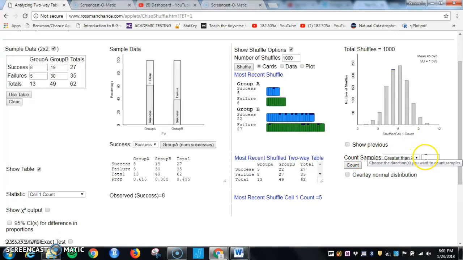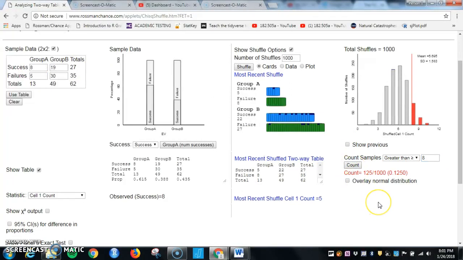And so what we want to do is look at the count samples. We are looking at what is the chance that it would actually have been greater than or equal to 8. So if we put in 8 and then do the count, you can see that in this case it says that it's approximately a 12.5% chance. And while 12.5 is not that large of a percentage, statistically speaking, that is not a significant or extremely important event.